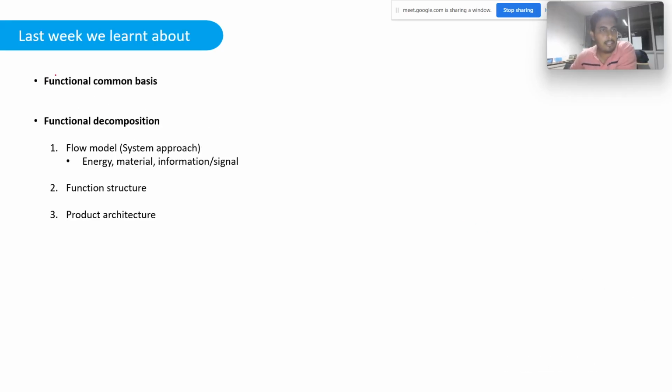So what we learned in the last class was about functional decomposition. Previous to the last class, we learned about simple techniques of functional decomposition, which were FAST and the SOP method.